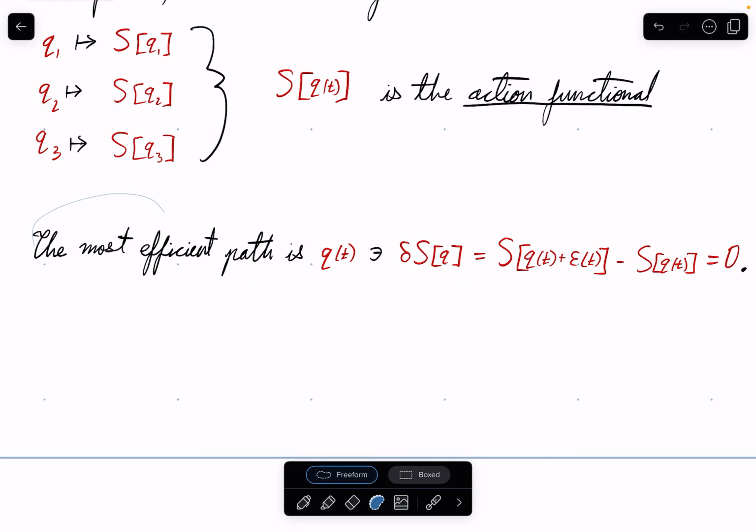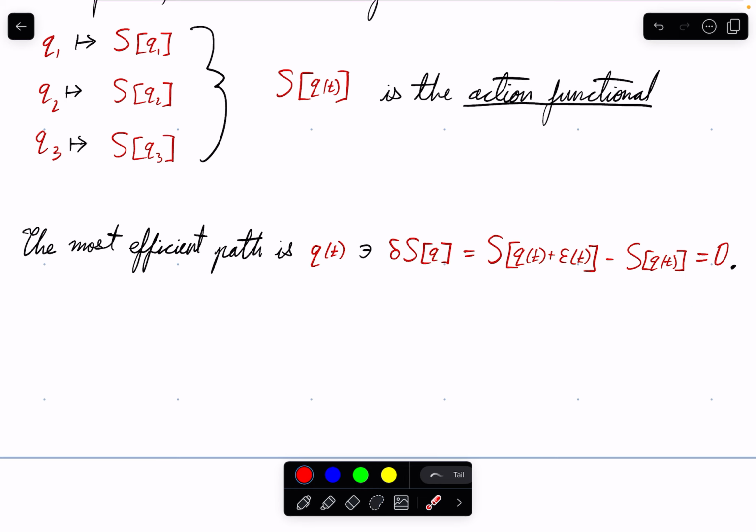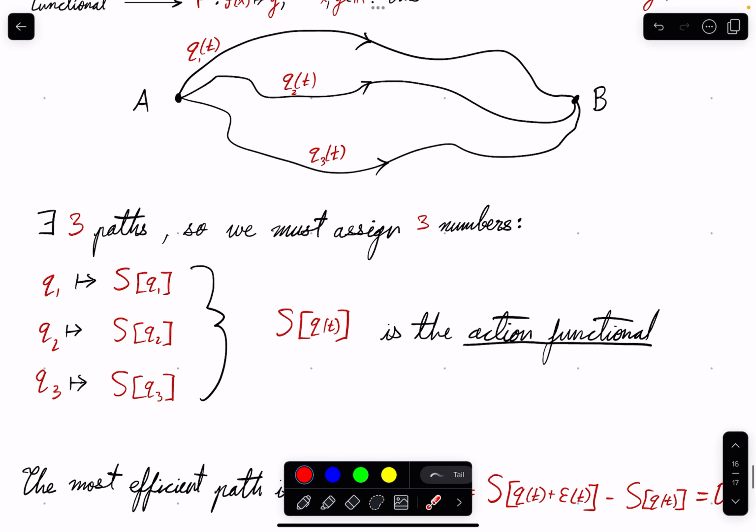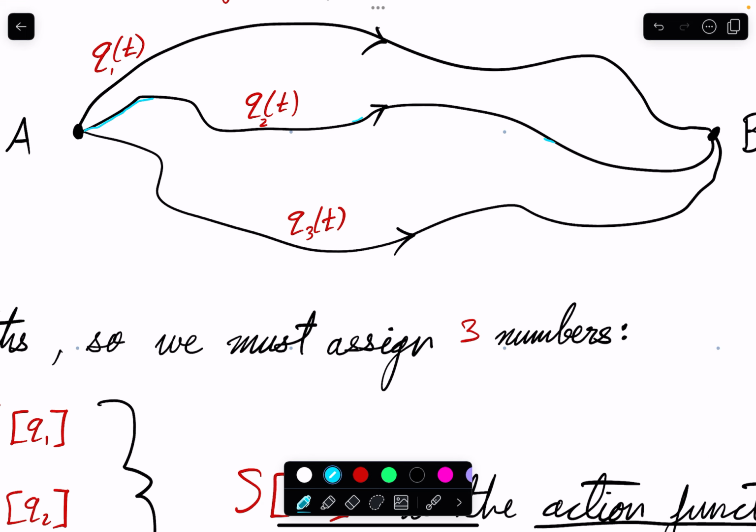So the most efficient path is the one where if you deviate from the path just a little bit, so that's what this represents, then the difference between the path with the deviation and the path without the deviation is 0. So you can imagine if this right here is the most efficient path, and I take a deviation like this, which is infinitely close at some points and deviates just a little bit, and call this epsilon of t.